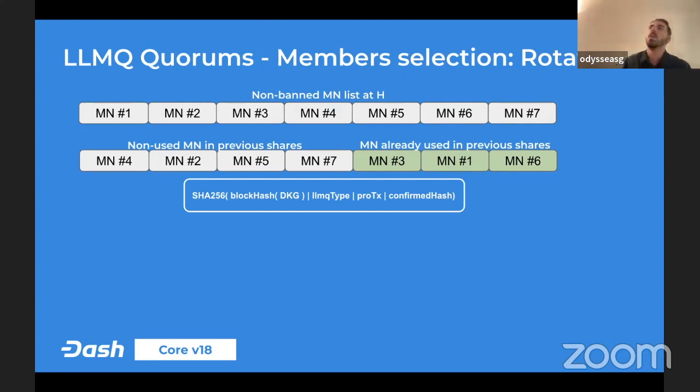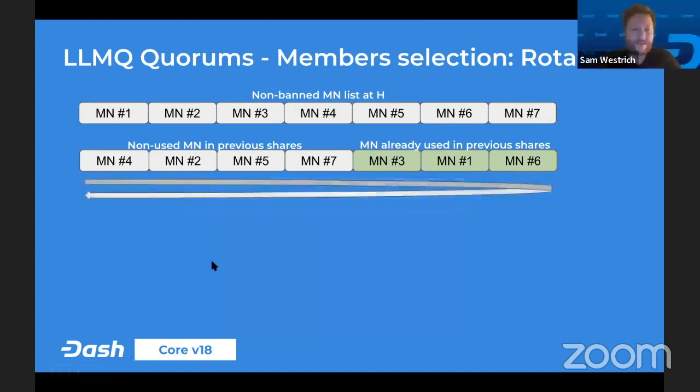Confirmed hash is the block hash where registration of a masternode is considered confirmed. So I think it's 6 blocks ahead of the actual protx. And one thing, just for people that don't know, the protx hash is basically the identifier of the masternode.